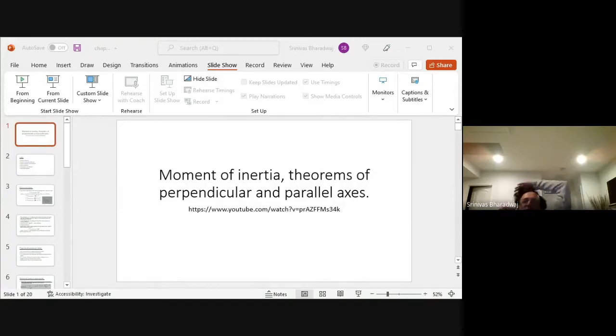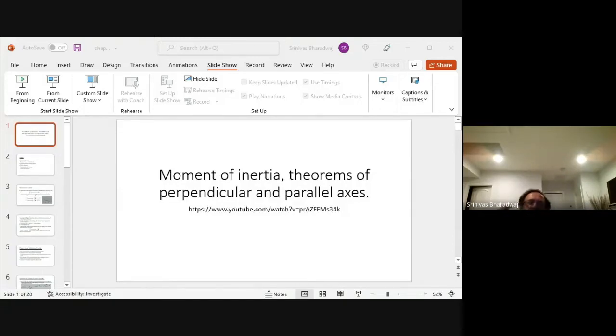Now if you have a uniform circular disk, how do you do that? At a distance r, what is the area? The area is the length 2 pi r times dr, right? Rho is the area density, so M equals rho times pi r square.